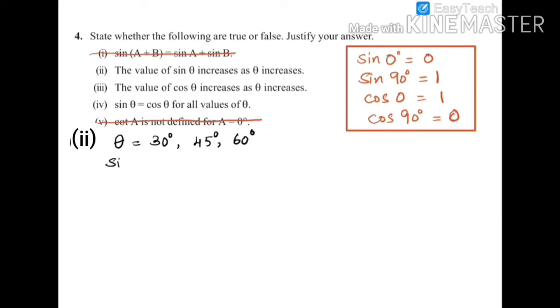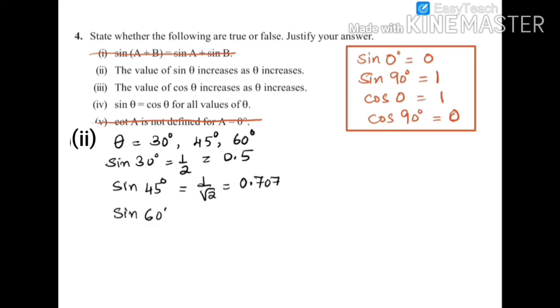So sine 30, we know it is equal to half, which is 0.5. Sine 45 is 1 upon root 2, which is equal to 0.707. And sine 60 degrees is equal to root 3 upon 2.